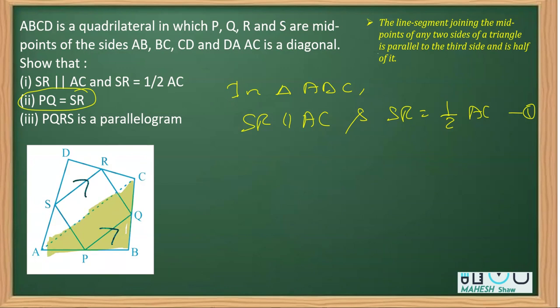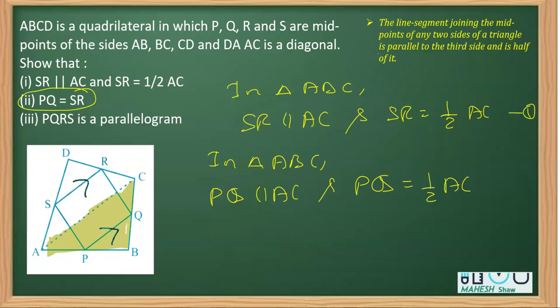So let's consider triangle ABC, P being the midpoint of AB and Q being the midpoint of BC. So we can say that PQ is parallel to AC and PQ is equal to half of AC. I'm marking this as equation 2.